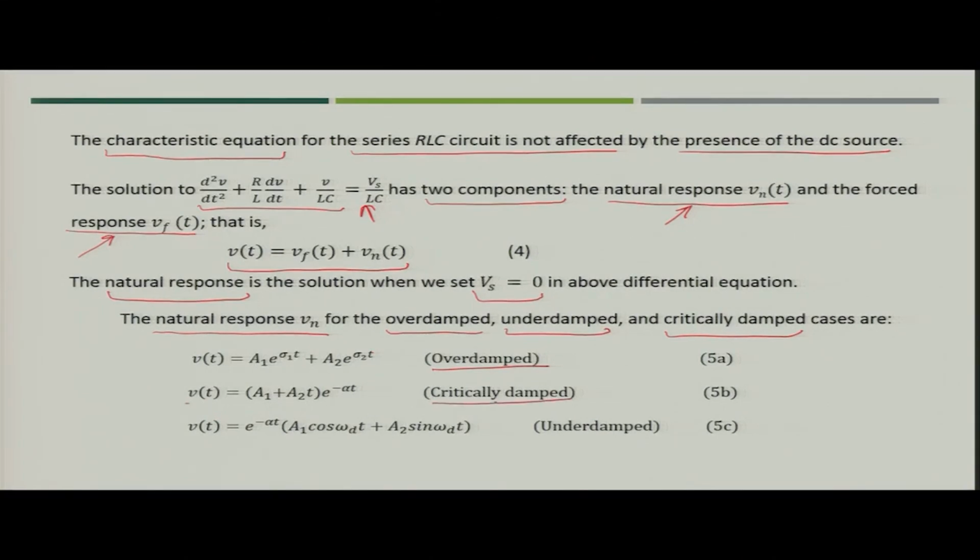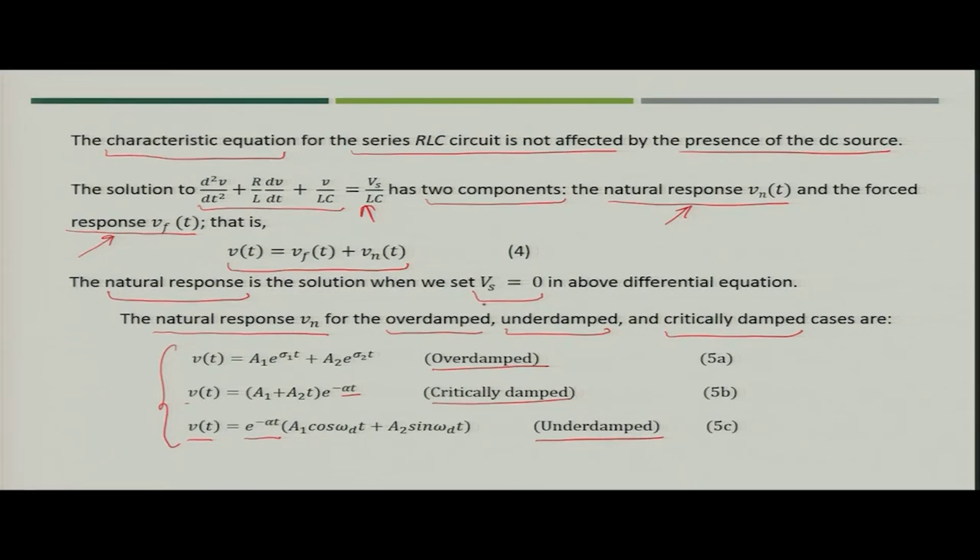Similarly, in case of critically damped, you can write v(t) is nothing but (A1 plus A2 t) into e to the power alpha t, alpha is your damping coefficient, and in case of underdamped case, the value of voltage at time t would be e to the power minus alpha t into (A1 cos omega_d t plus A2 sin omega_d t). So, these three equations are the same equations which we got when we were analyzing the series RLC circuit without any external source applied.